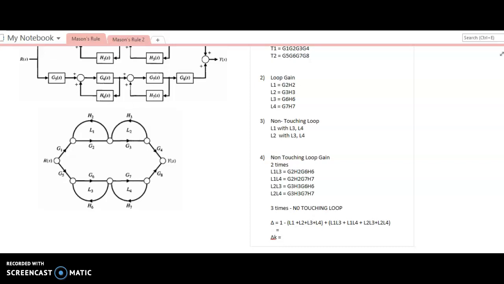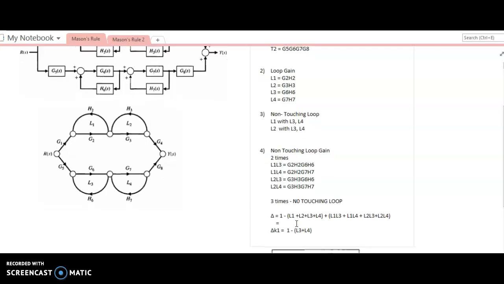Then for delta K, since we have two paths, we do K1 here. Delta 1 equals 1 minus the two loops that do not touch that path, loop 3 and loop 4: L3 plus L4.